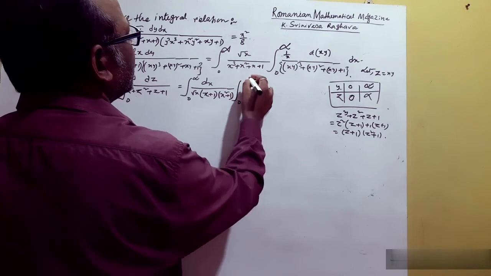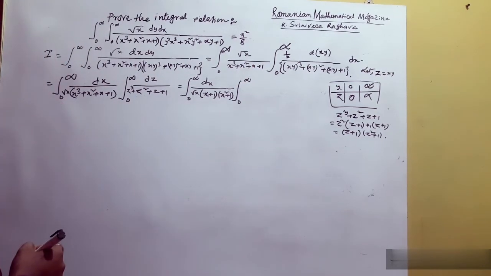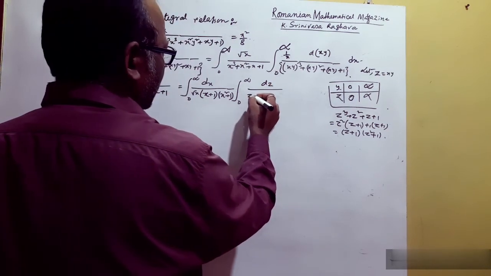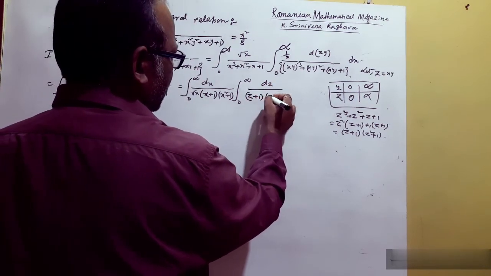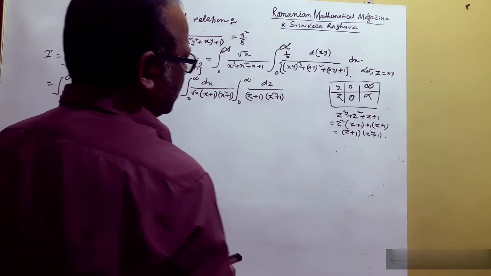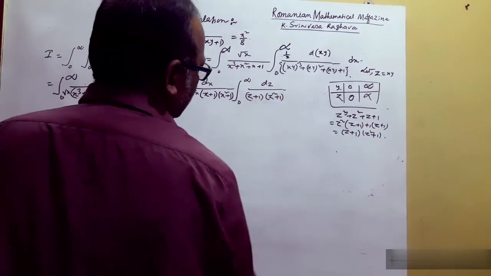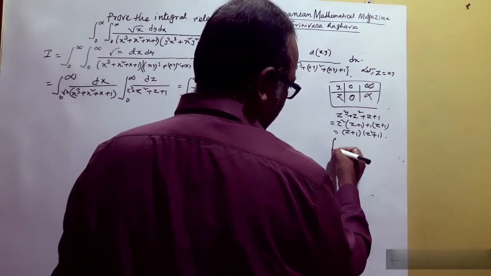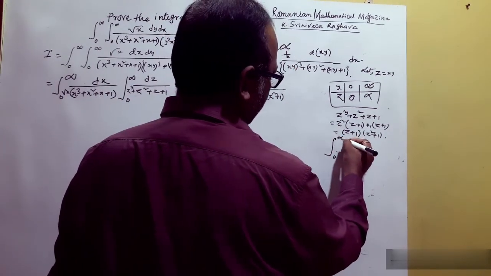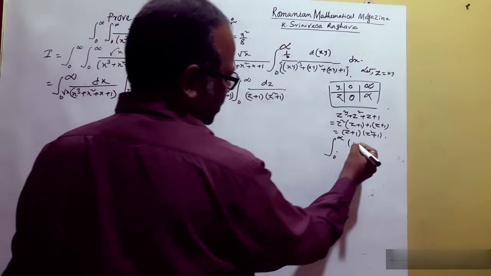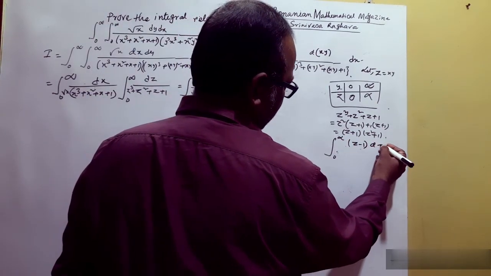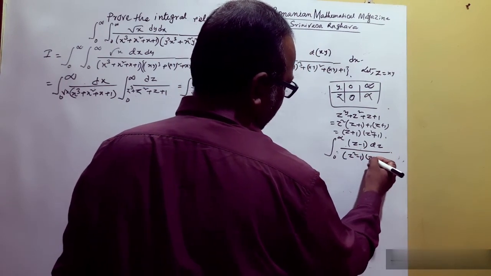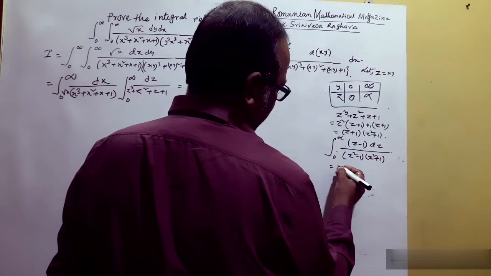And now for that, this is dz by z plus 1 and z square plus 1. Now find the value of this integral from 0 to infinity. Multiply by 1 minus z here. So you get z square minus 1 and z square plus 1.